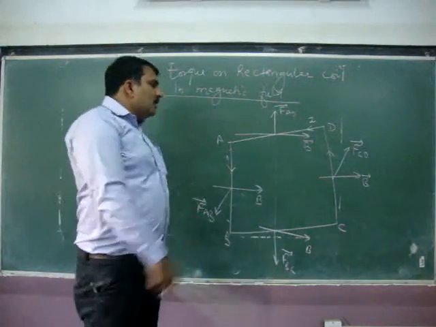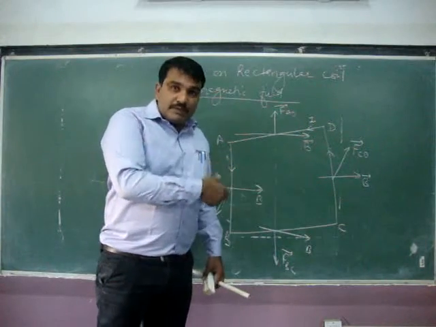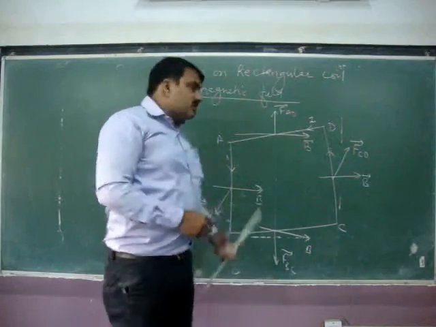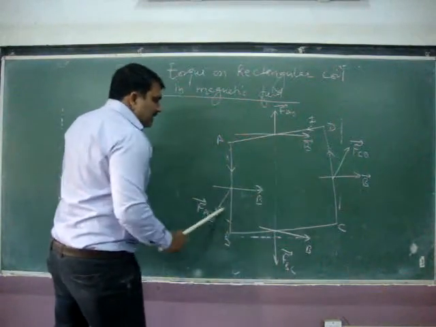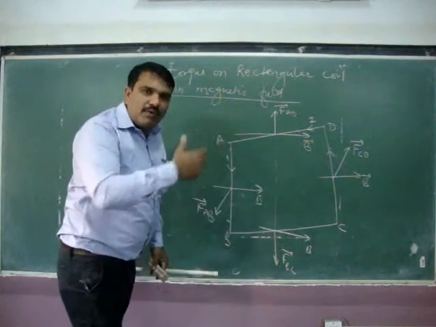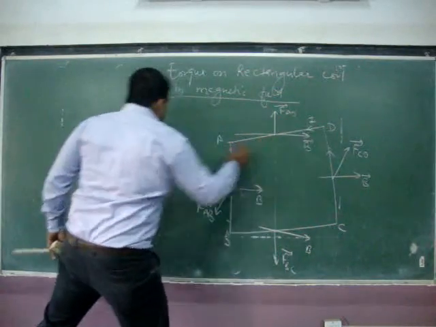You can easily find the torque acting on the rectangular coil, and during this derivation, we have to find the perpendicular distance between these 2 forces, this force and this force. So to find the perpendicular distance between these 2 forces, we have to make a sub-diagram of this diagram. Sub-diagram, what you do, you draw this wire AD.